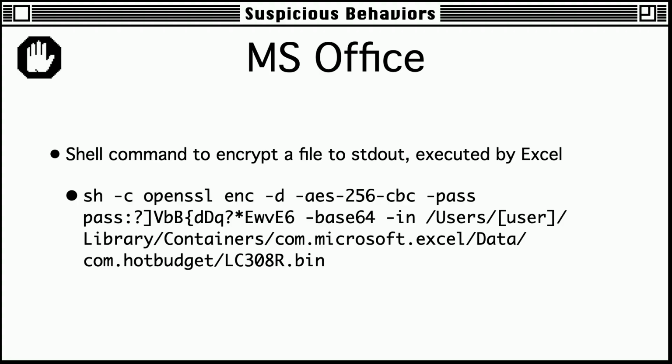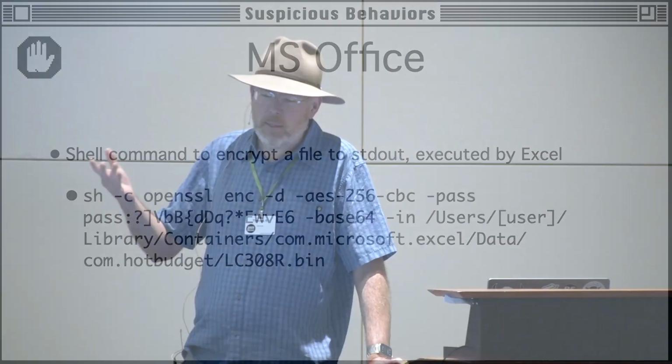I don't know whether this would actually work on a modern machine with modern Office, because I don't know that it would have access to the file system. Maybe they found a way around that. I don't know.